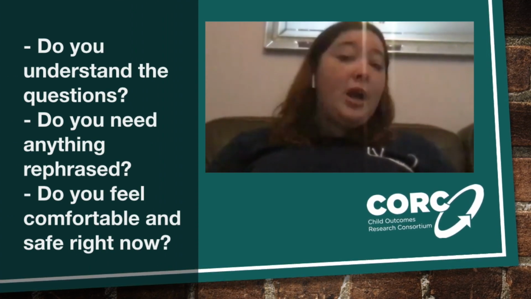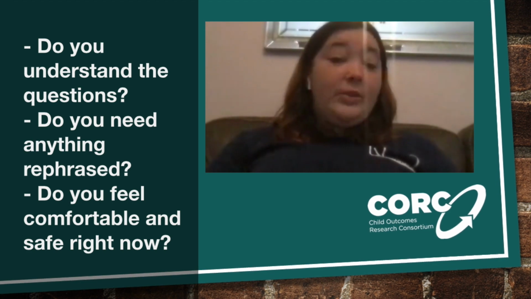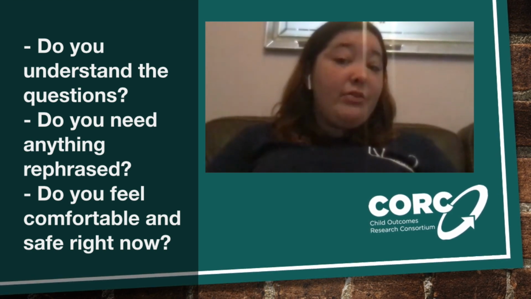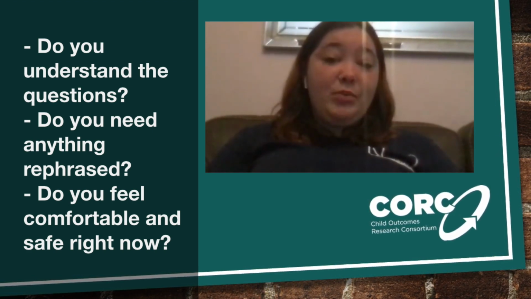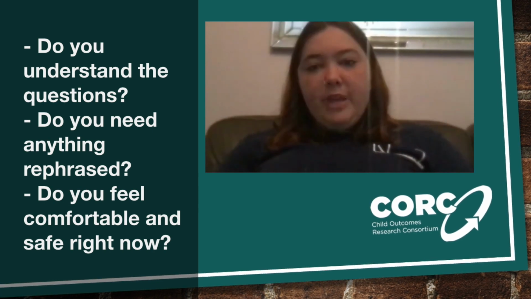Just say: Do you understand the questions? Do you need anything rephrased? Do you feel comfortable right now? Do you feel safe right now in yourself? Do you feel like you can answer these effectively? Make sure they're fully explained and discussed. If anything is going to happen because of the measures, take real time to talk through it and explore the feelings around it.